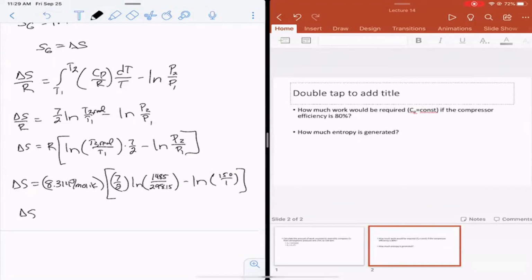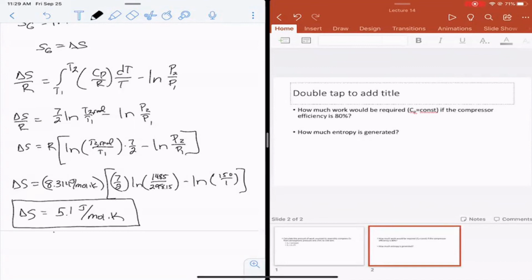And so then delta S equals 5.1 joules per mole Kelvin. Okay. And of course, that equals the generated entropy, which is greater than or equal to 0. So that means we didn't break any laws. So this process is completely consistent with the second law, which you would assume.